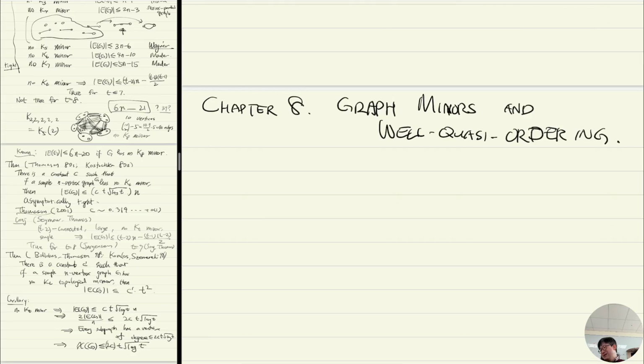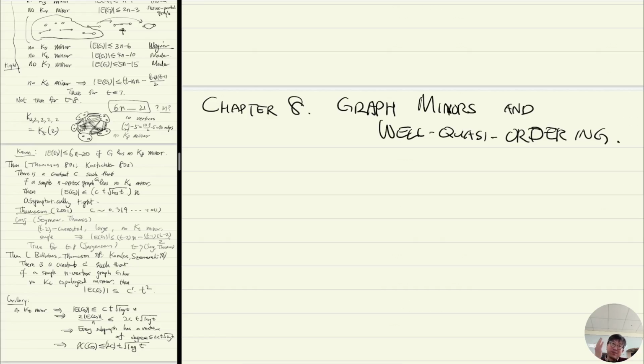Right, we already mentioned, I think I have mentioned it a couple of times, that if some graph property is closed under taking minors, there are only finitely many exceptions that you can use to characterize this class of graphs.